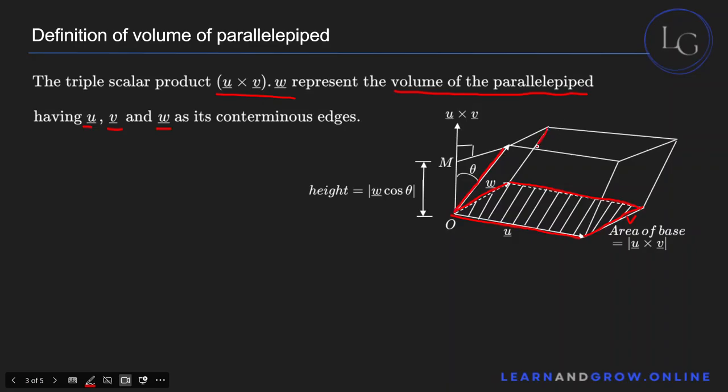And so this is also w. Again, you can find out by seeing which sides are parallel. So this side is also w, this side is also w, this side is v as it is parallel to v, this side is also equal to v, this side is equal to u as it is parallel to u, and this side is also parallel to u, so this is also equal to u.